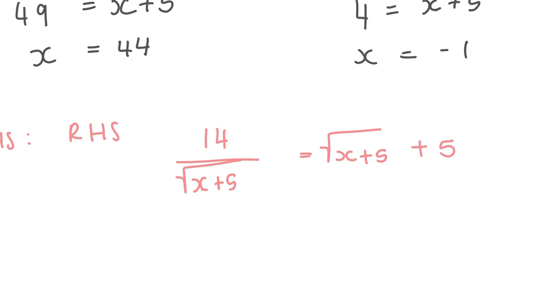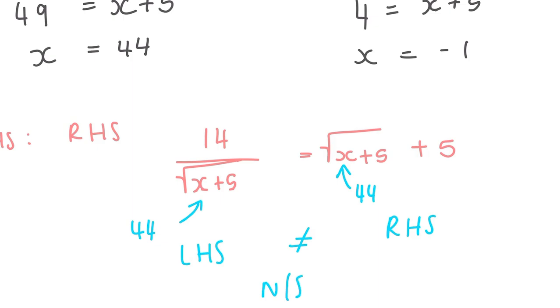So what is my answer when I sub in that x is equal to 44? What do I get on my left-hand side? And when I sub it in here, what do I get on my right-hand side? If they are equal, it means that there is a solution. But if they do not equal, it's no solution. It means that if your left-hand side doesn't equal your right-hand side, that value does not work.